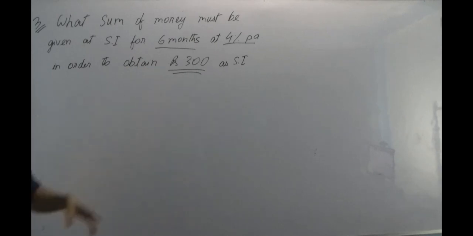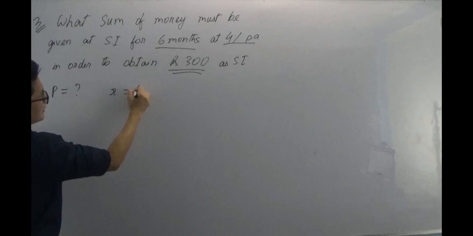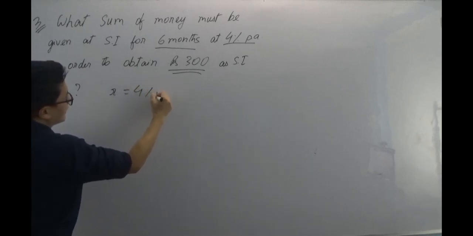We'll try to do this using the formula way. The principal is what we need to find, the rate of interest is 4% per annum.